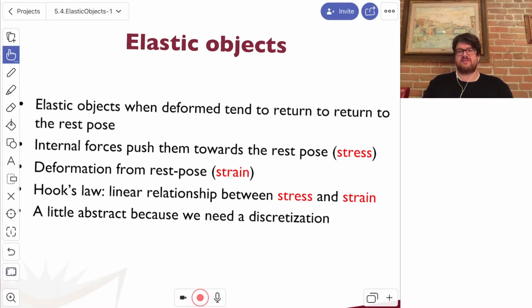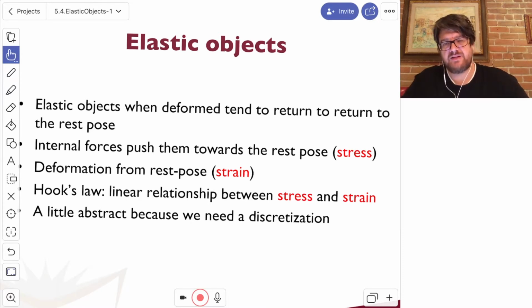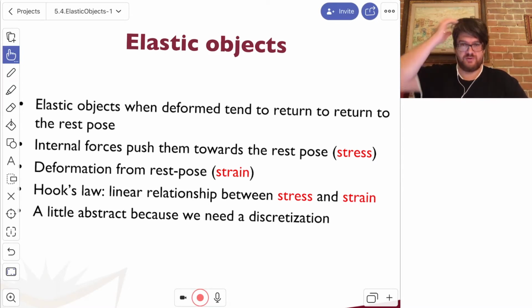So Hooke's law is not really universally applicable, but in graphics it works really well because it simplifies the problem, and for kind of squishy objects, which is what we typically use, it is quite good. Now, this concept of stress and strain is a bit abstract at this point because we can only formalize it once we have a discretization.